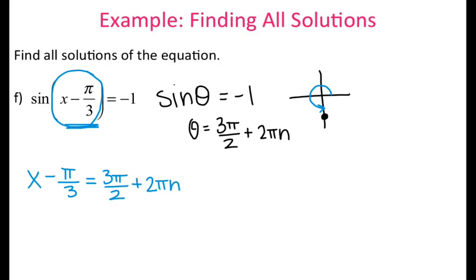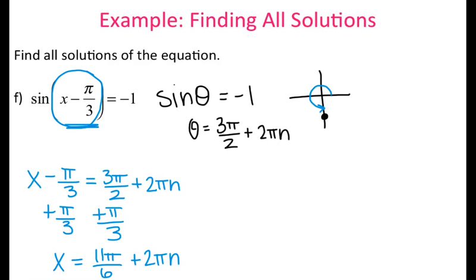Now we want to get x by itself, so I'm going to go ahead and add pi over 3 to both sides. So plus pi over 3, plus pi over 3 over here. And that gives me x equals 3 pi over 2 plus pi over 3 is 11 pi over 6. You can use a calculator if you struggle with the fractions, plus 2 pi n.